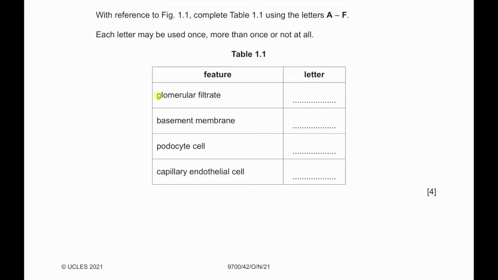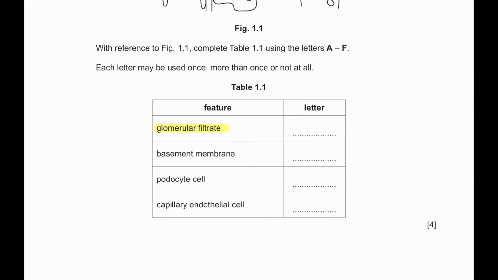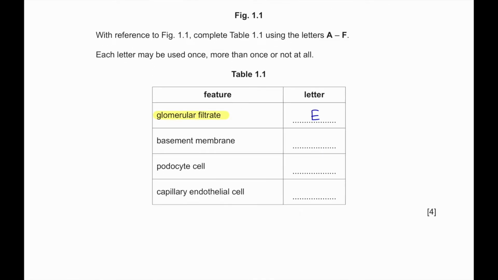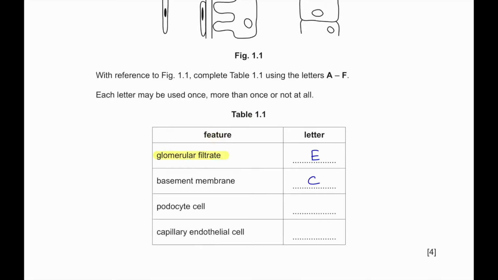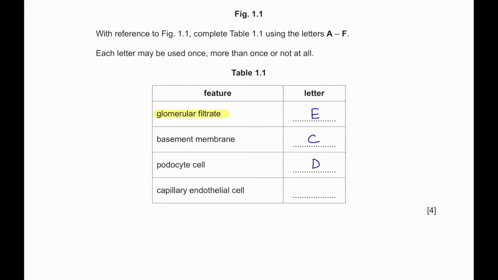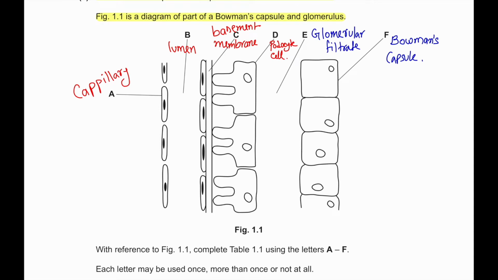So the first thing that they're asking, the feature glomerular filtrate. So glomerular filtrate is E, basement membrane is C, podocyte cell is represented with D, and capillary endothelium cell is represented with A.